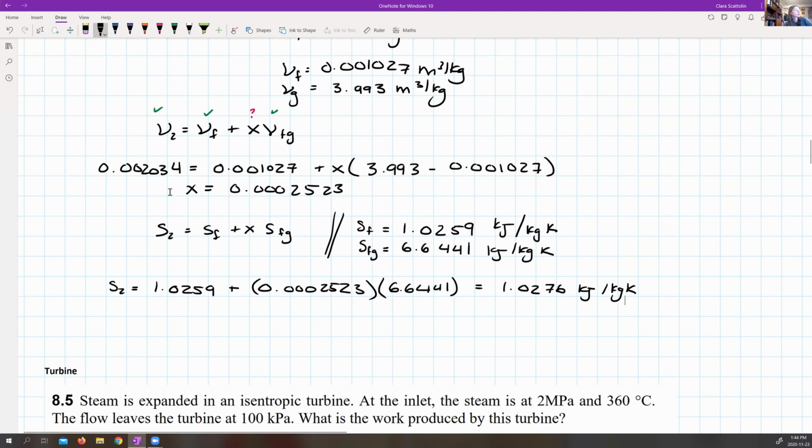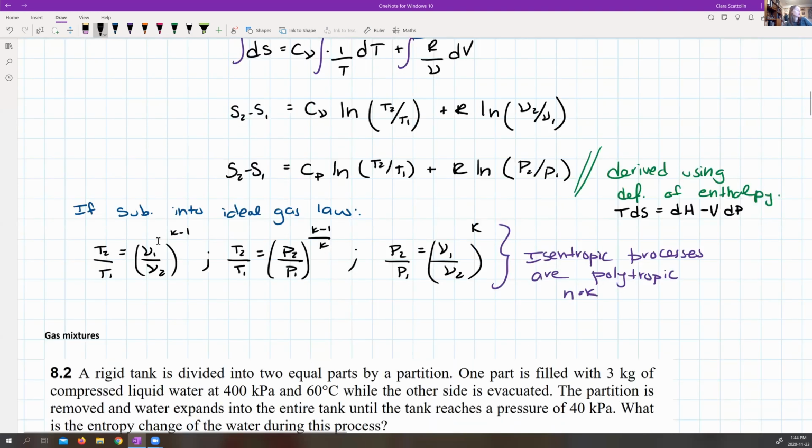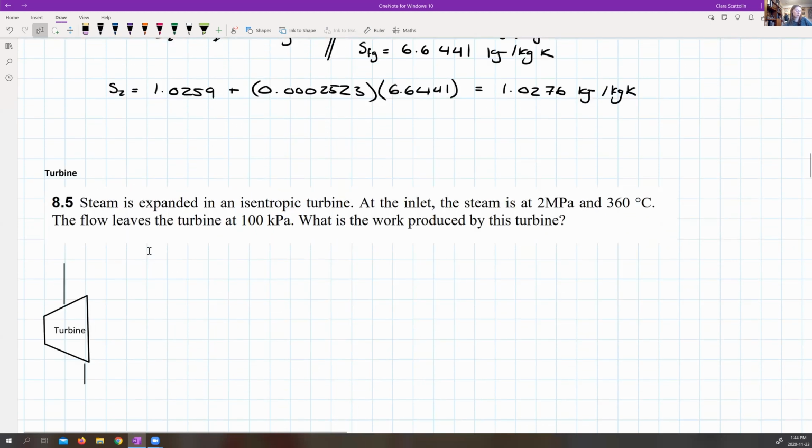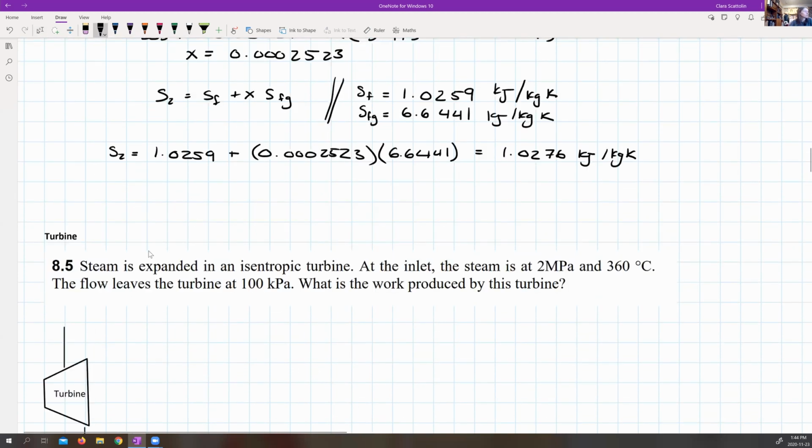Does the question specify total? It just says entropy change, but I solved it and my solution is total entropy change. So my delta capital S is going to be equal to M times S2 minus S1. So this is 3 kilograms.